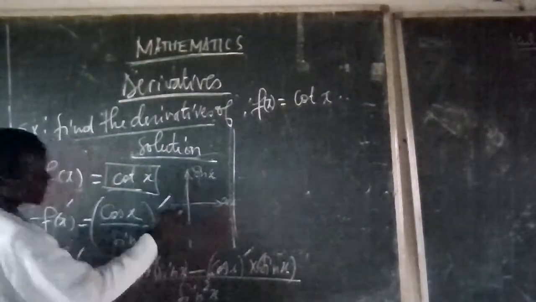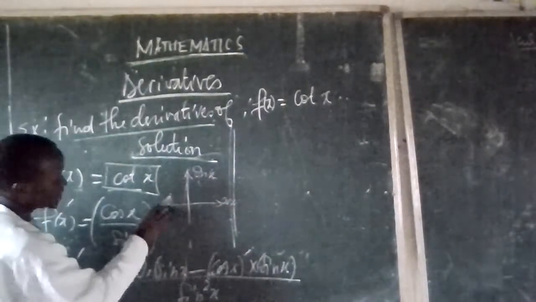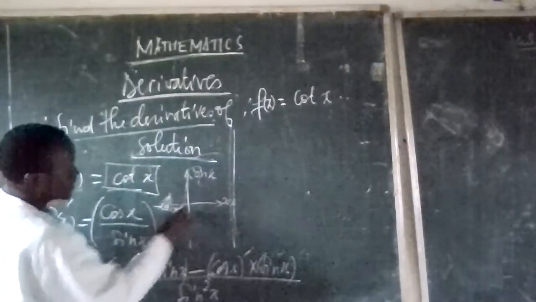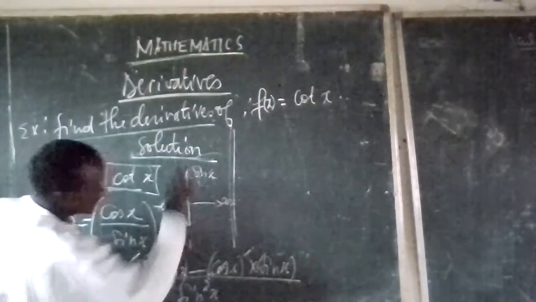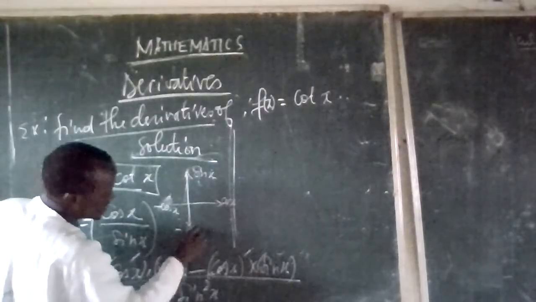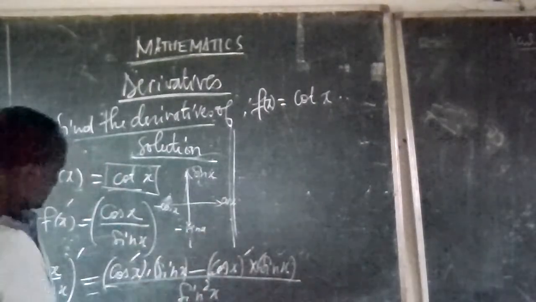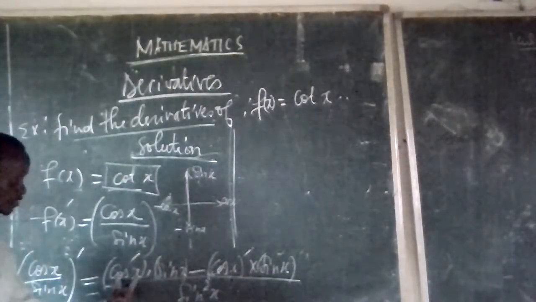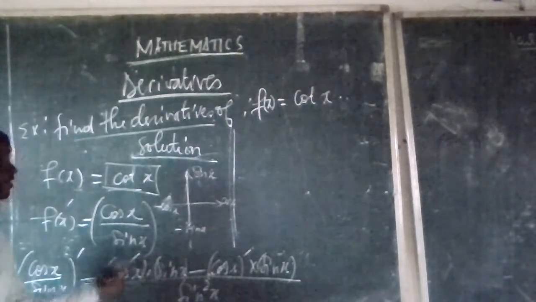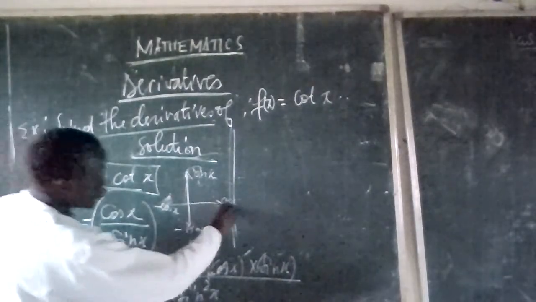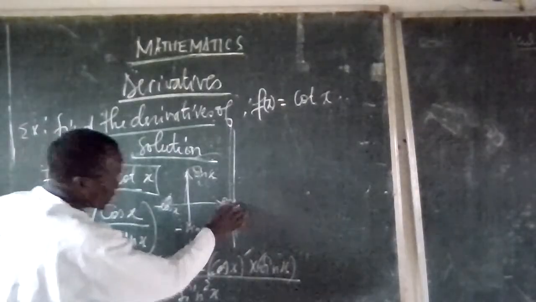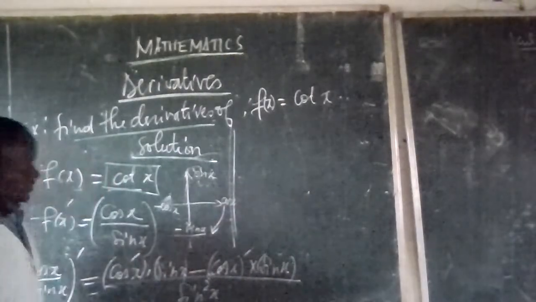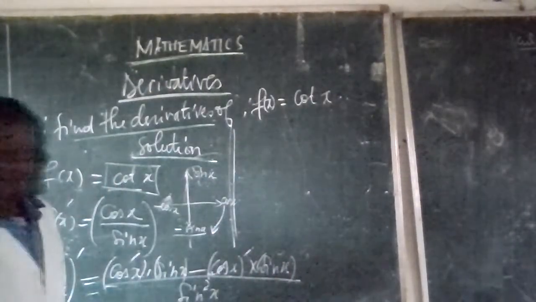The opposite of this horizontal is minus cosine x, and the opposite of this vertical, downward, is minus sine x. Then for the derivative of cosine x, you come down here. Cosine x, its derivative is minus sine x, right?